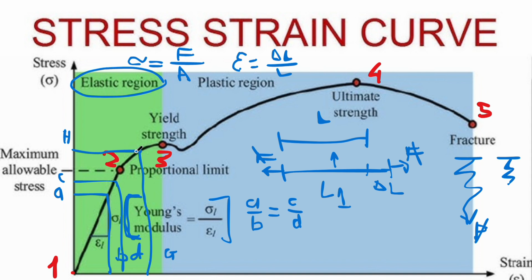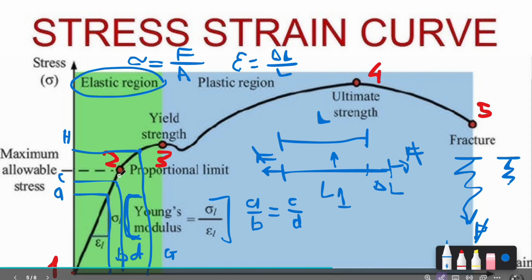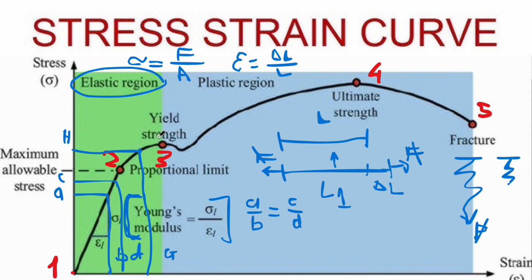It can still return to the original length, but it does not maintain the equal fraction like number 1 to number 2. The reason is that before point number 3, the length of this stick can come back to the original length, like a spring.